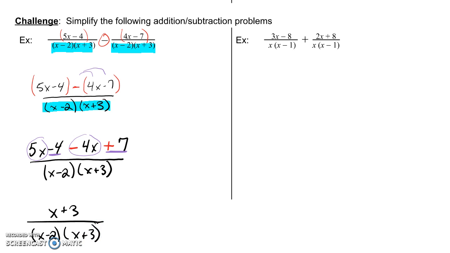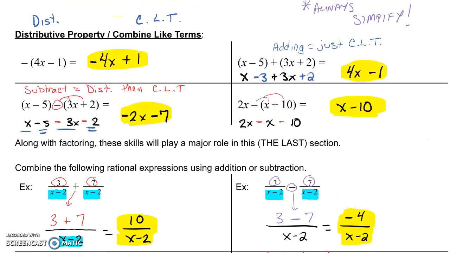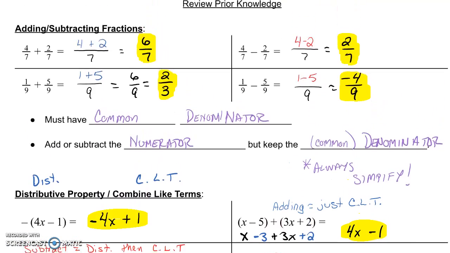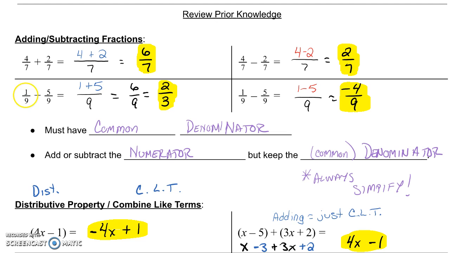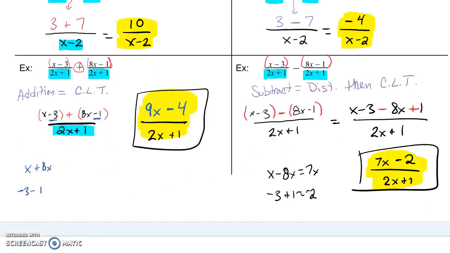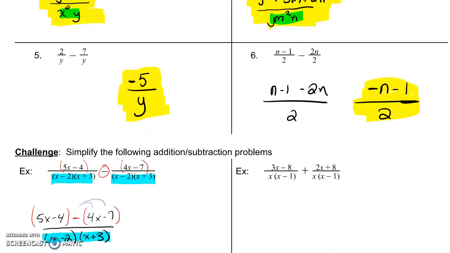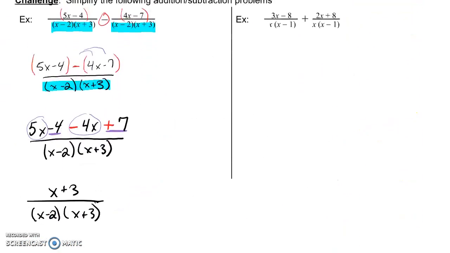Do we notice anything that happens? Hopefully we recognize that this is a situation similar to the top here, when I had 1 over 9, which did not simplify, plus 5 over 9, which did not simplify, but when I added those, I got 6 over 9, and that simplified. That happens with our expressions as well. And when that happens, you do need to make sure you simplify them.